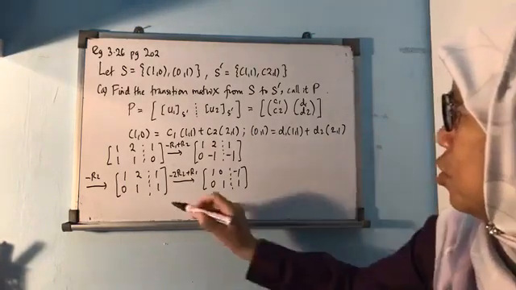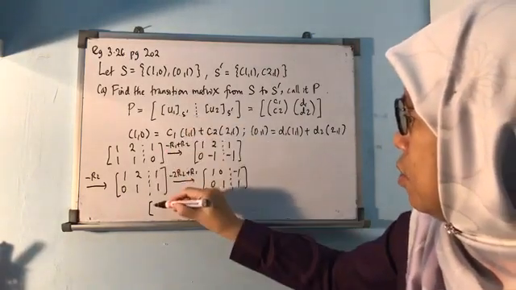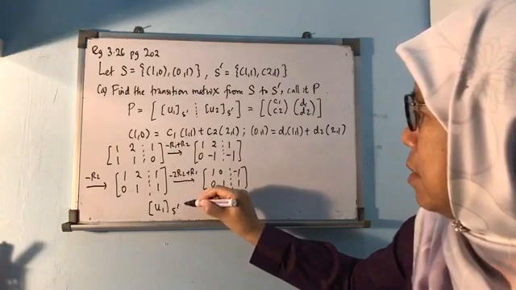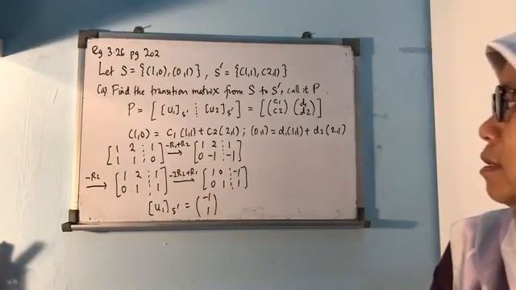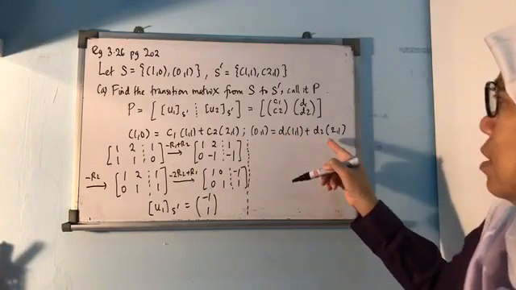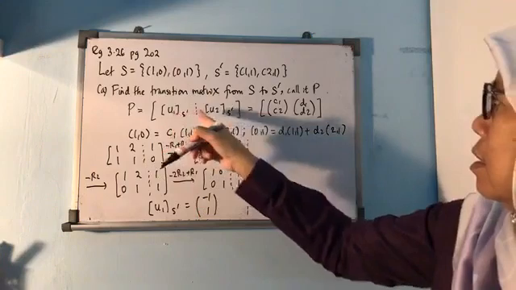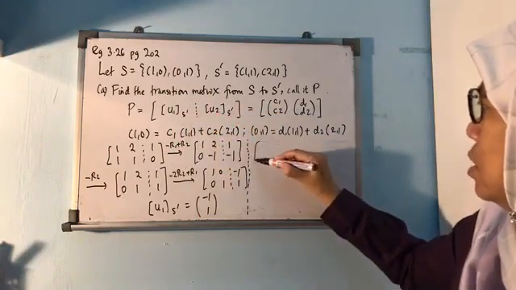Okay, so I finished. So what do I get? U1 S prime is equal to negative 1, 1. And then you do the same thing for the second one.